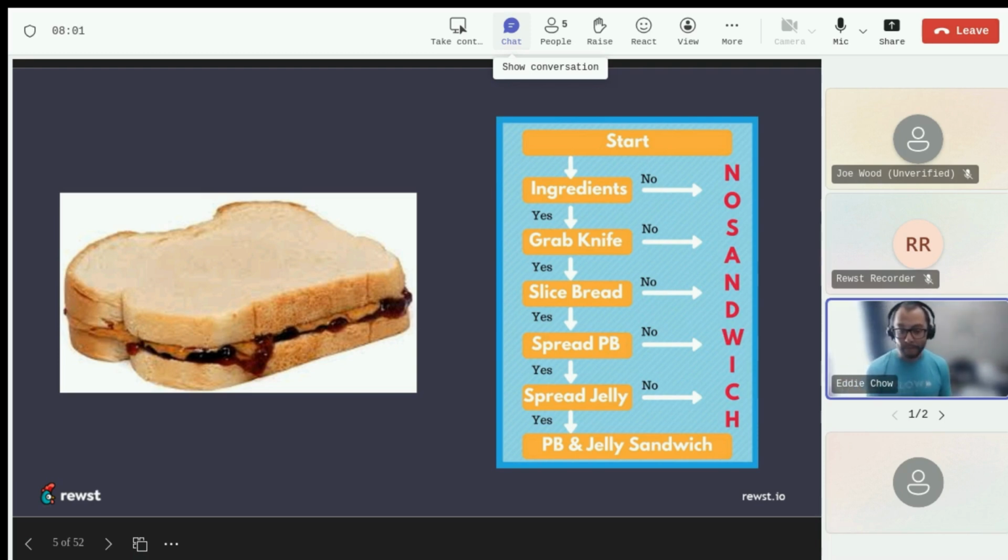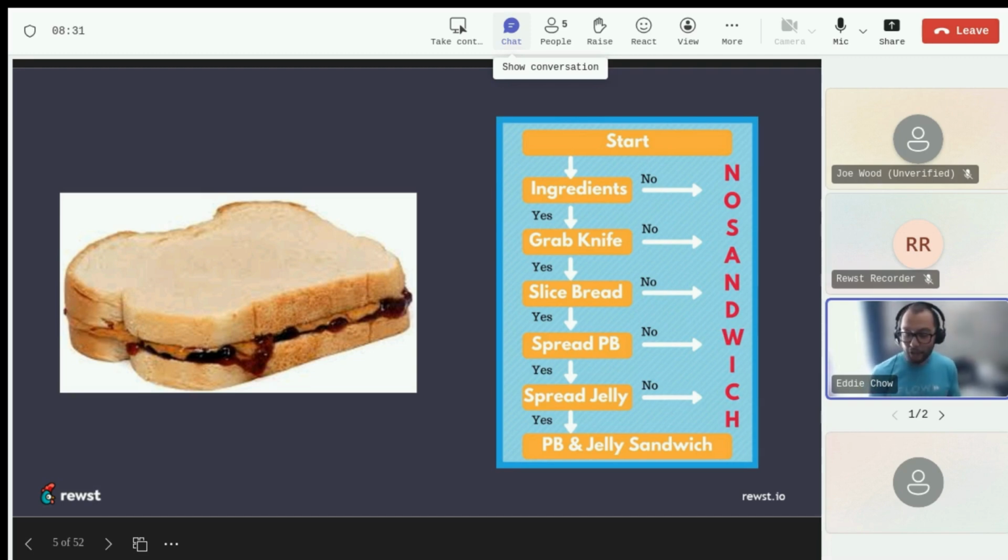So, for example, if I say the ingredients necessary for a peanut butter sandwich are bread, peanut butter, and jelly, there is a whole plethora of details behind that one sentence. What kind of bread, what kind of jelly, what kind of peanut butter. And we don't mention those things oftentimes because it's assumed that the person that we're talking to will already think about those things. The next step is to grab a knife.